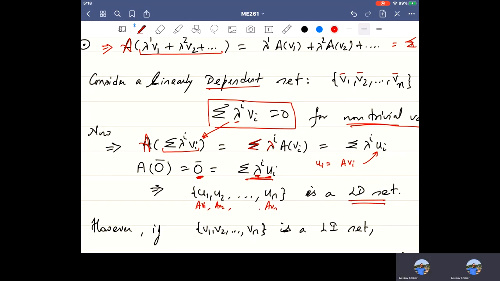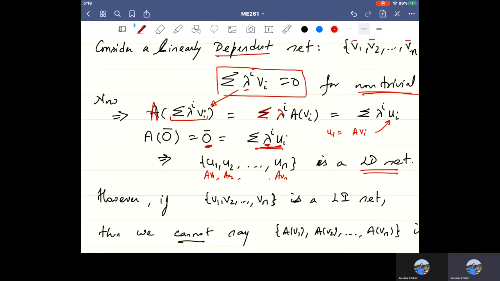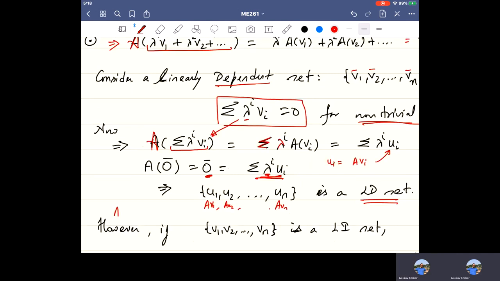Now this implies that a linearly dependent set maps to a linearly dependent set. Okay.